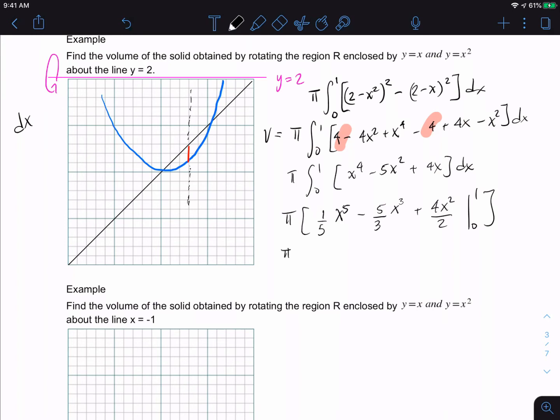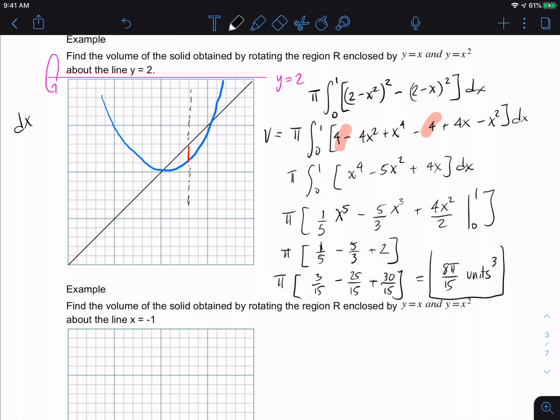So I'm going to get pi times 1/5 minus 5/3 plus 2. And for thoroughness, 3 over 15 minus 25 over 15 plus 30 over 15 will yield 8 pi over 15 units cubed.